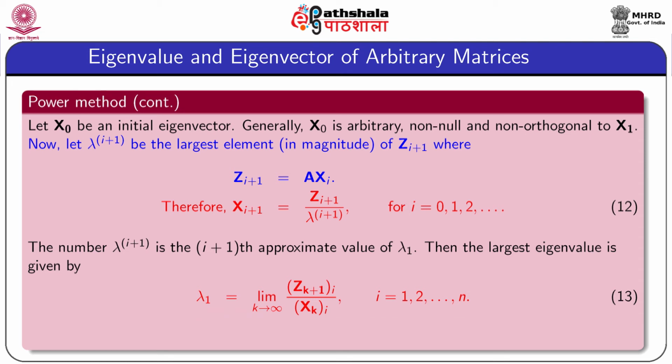That means, this is an alternative expression to calculate the value of lambda 1. The vector x k plus 1 is the eigenvector corresponding to the eigenvalue lambda 1. So, this method gives eigenvalue lambda 1 as well as the corresponding eigenvector x k plus 1.